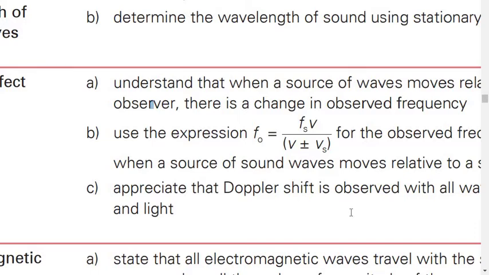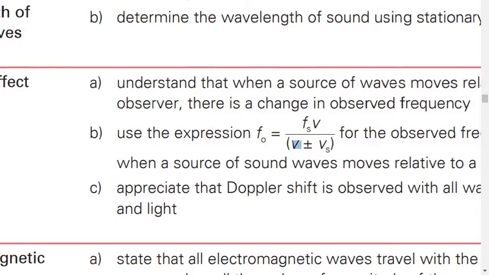Alright, so here you see a plus minus, right? What does the plus minus represent here? Either it's moving towards you or moving away from you. An easy way to remember: when it comes closer, the observed frequency increases, so the denominator's value has to decrease.